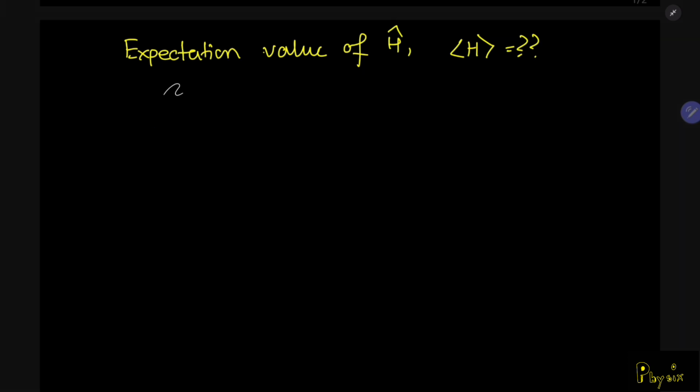Let's begin by writing what the expectation value is in terms of definition. This is basically taking the integral of psi star, sandwiching your Hamiltonian operator between psi star and psi, integrated over dx.